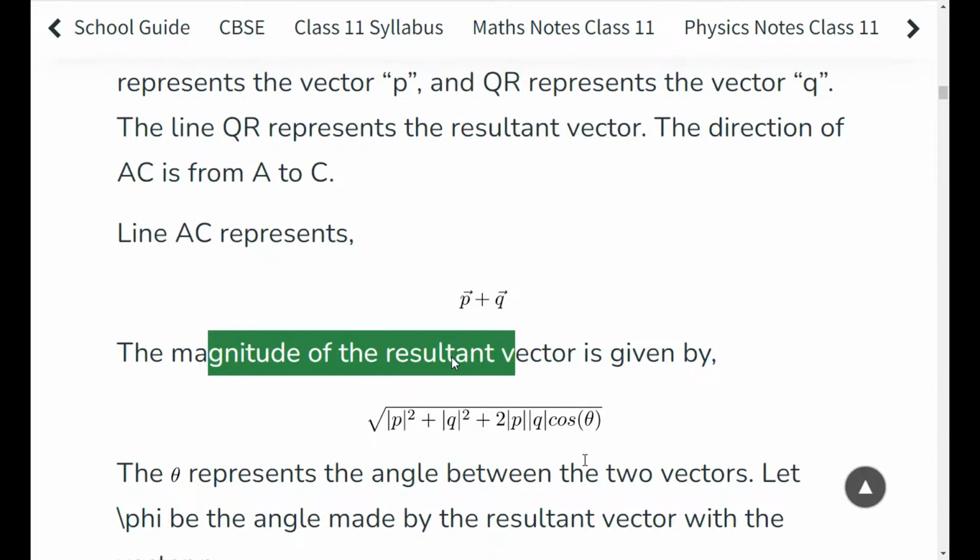If I want to mention this angle, I will take the help of these two, since both are making the angle. So I will take adjacent side by hypotenuse, and whenever I want this angle, I will take the opposite side and hypotenuse as the two sides making the angle.